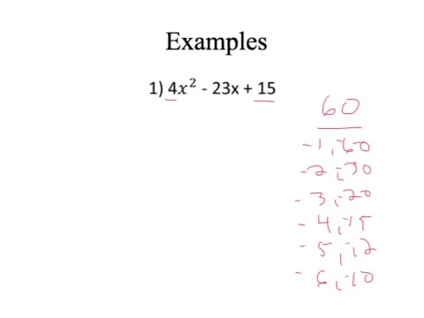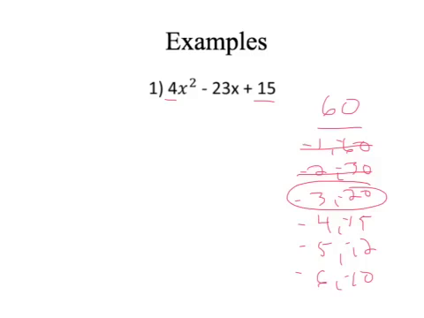Then we want to look to see which numbers add up to give me a negative 23. So if I do negative 1 plus negative 60, that gives me negative 61, so that doesn't work. If I do negative 2 minus 30, that's negative 32, that doesn't work. If I do negative 3 minus 20, that gives me negative 23.